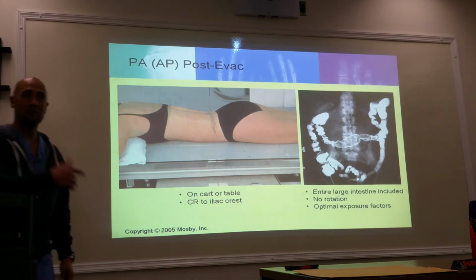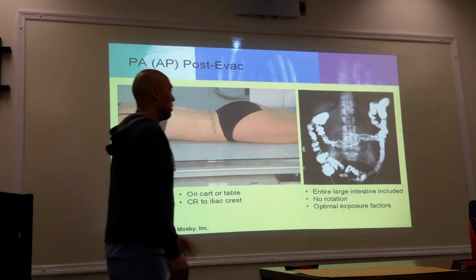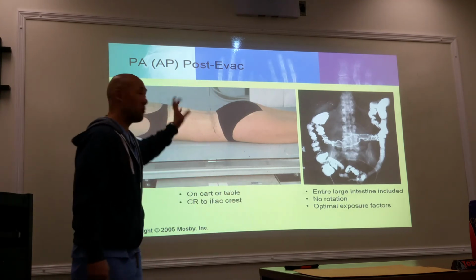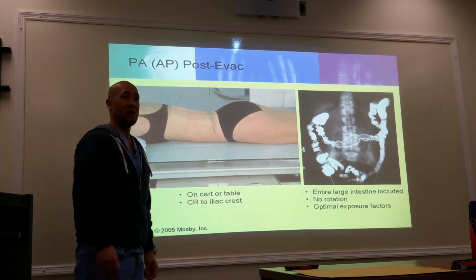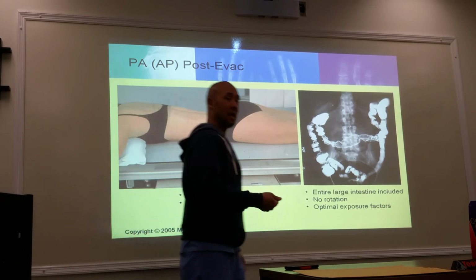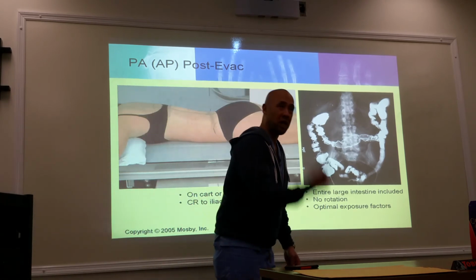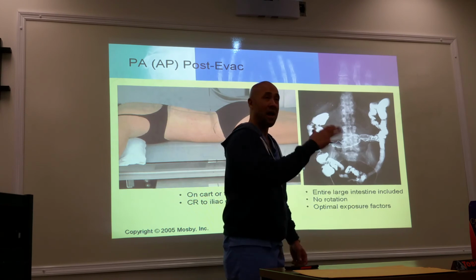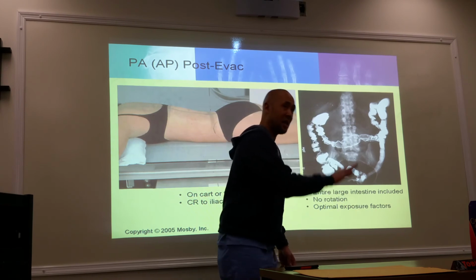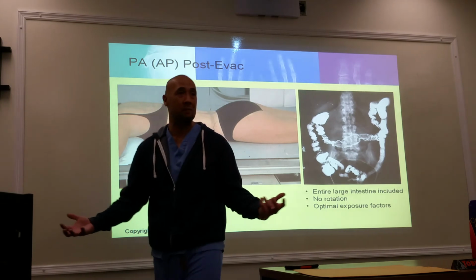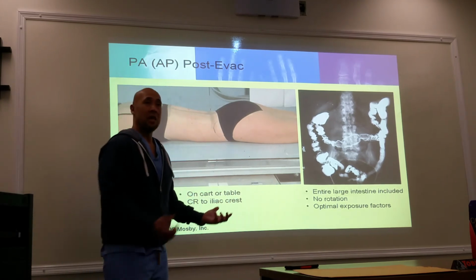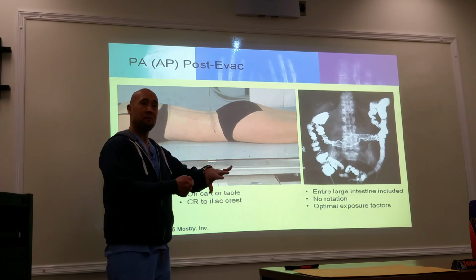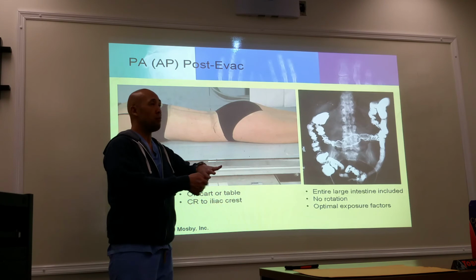And then lastly is the post-evacuation image that we talked about. Our very last image, we're going to show all those images to the doctor, and they'll say, okay, go do a post-evac. That's when you lay them on their side and drain the contents. You leave the bag in the trash can at a lower level for maybe approximately 2 to 3 minutes to empty out. Then with a towel, you're going to remove the tip, but before you remove the tip, deflate it. Then pull out.